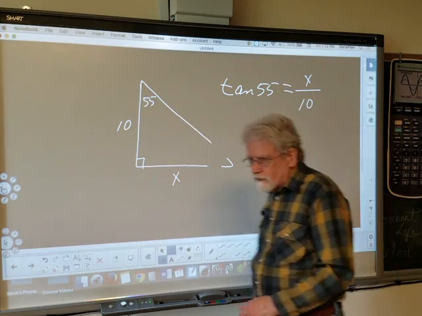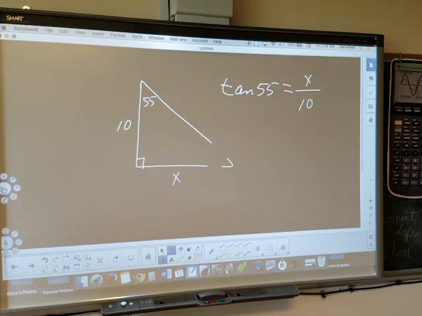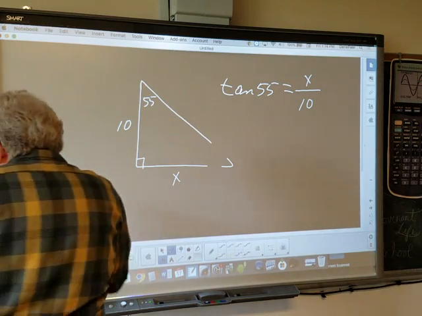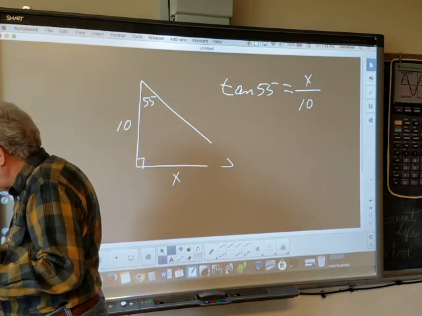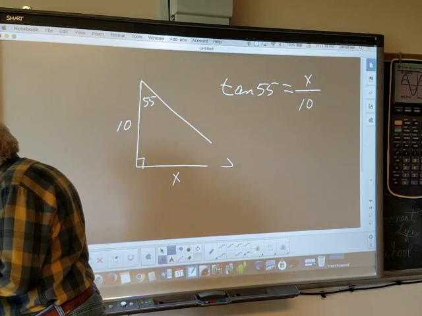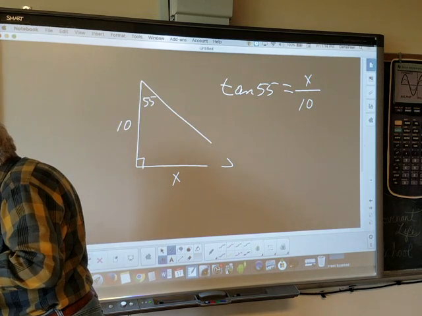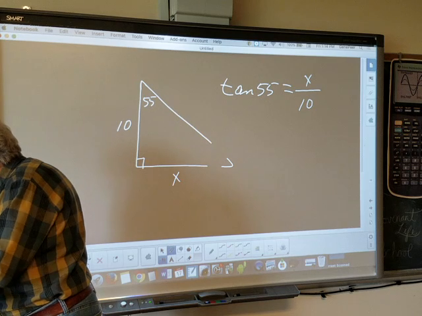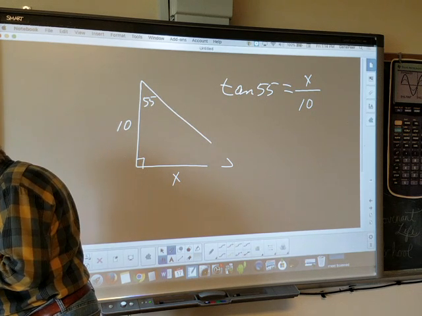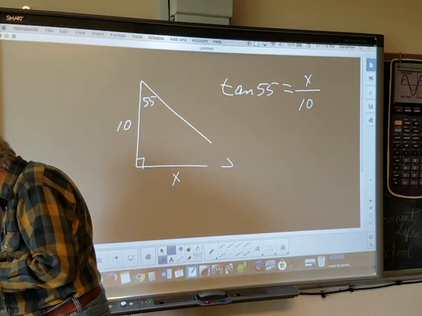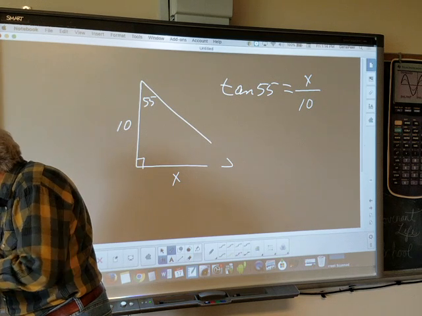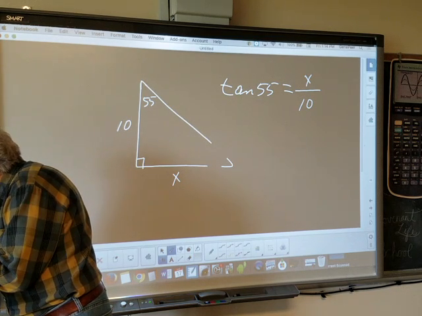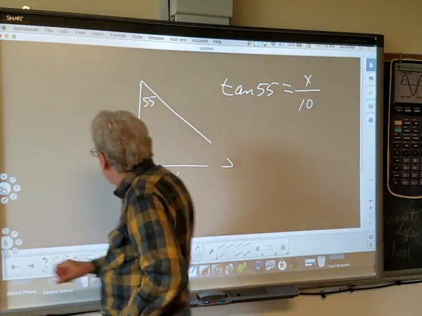Now we look up the tangent of 55, and I closed my book when I thought we were done. Very disconcerting when you finish something and then look at your camera and discover it died. The tangent of 55, in the second column of the blue, we find out it's 1.4281.